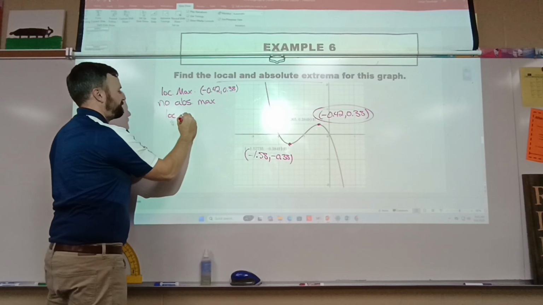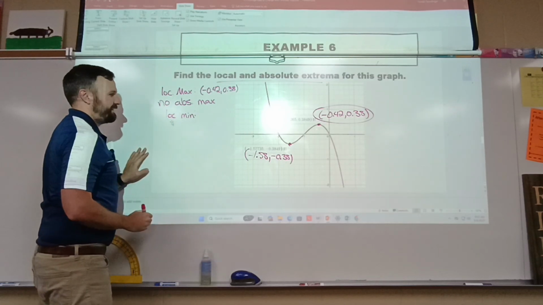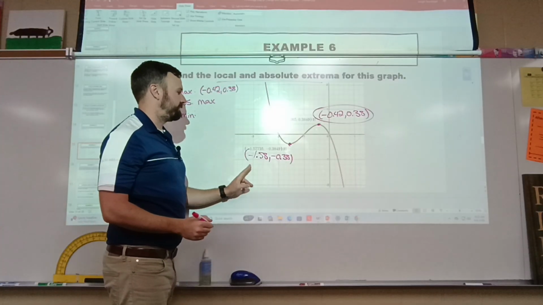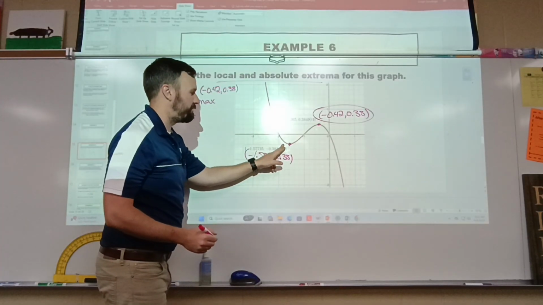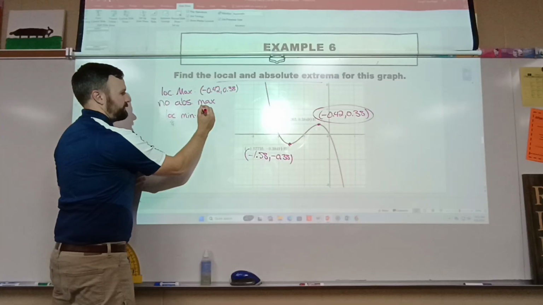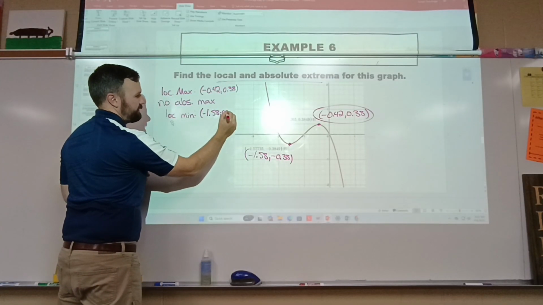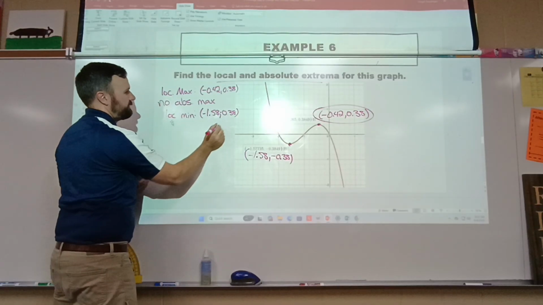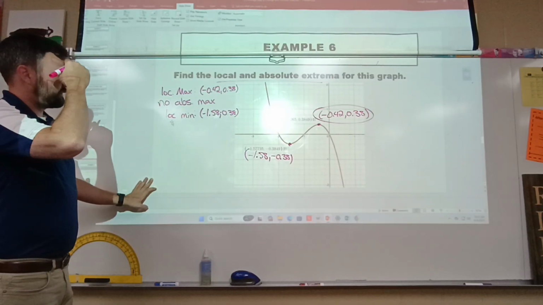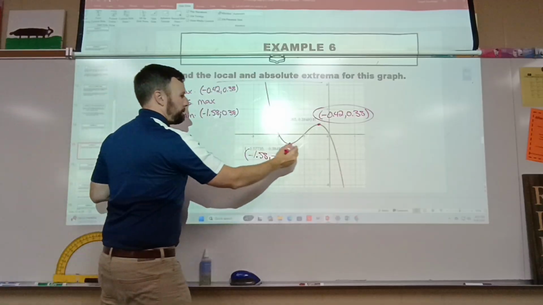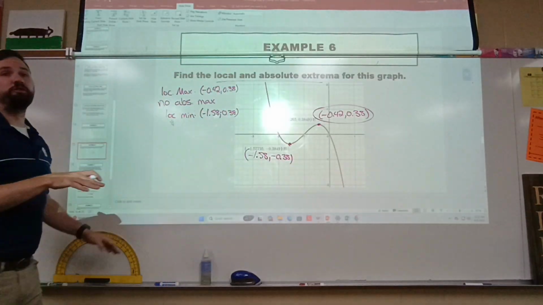Local min. Now, is there a spot that acts like a min? This one goes down, comes up. This one acts like a min, but there's definitely ones that are worse, because over here, we actually go to negative infinity.